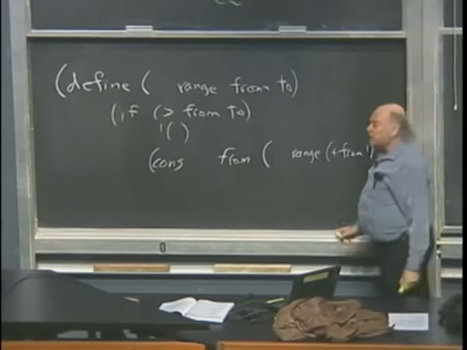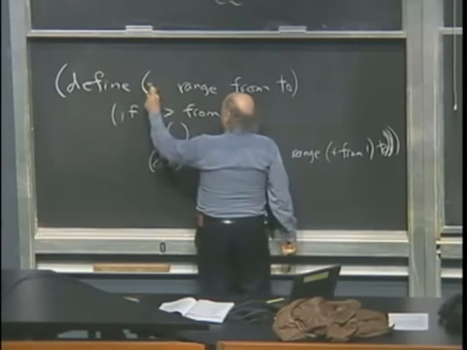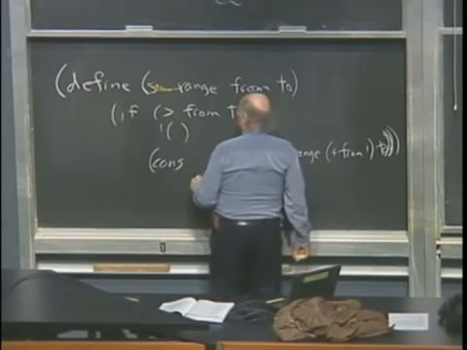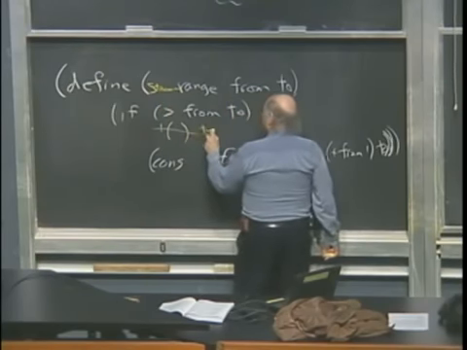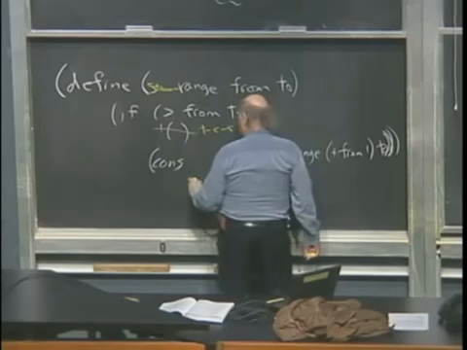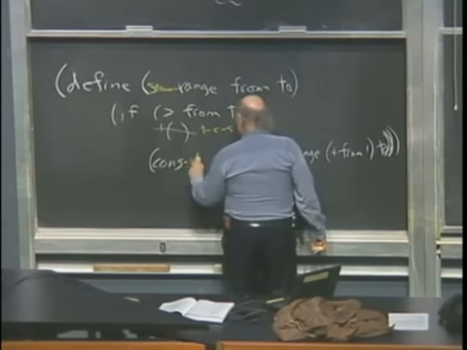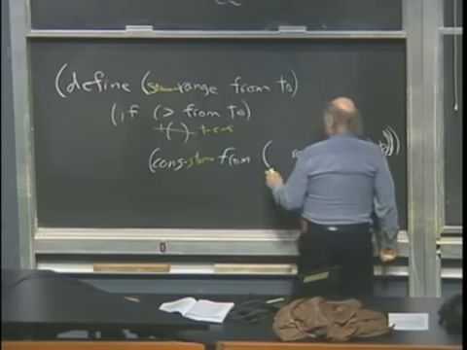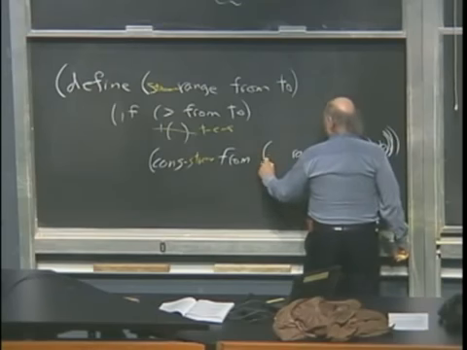So here are the changes we made. We changed the name. We changed this to the empty stream. We changed cons to cons-stream. And we called it with.